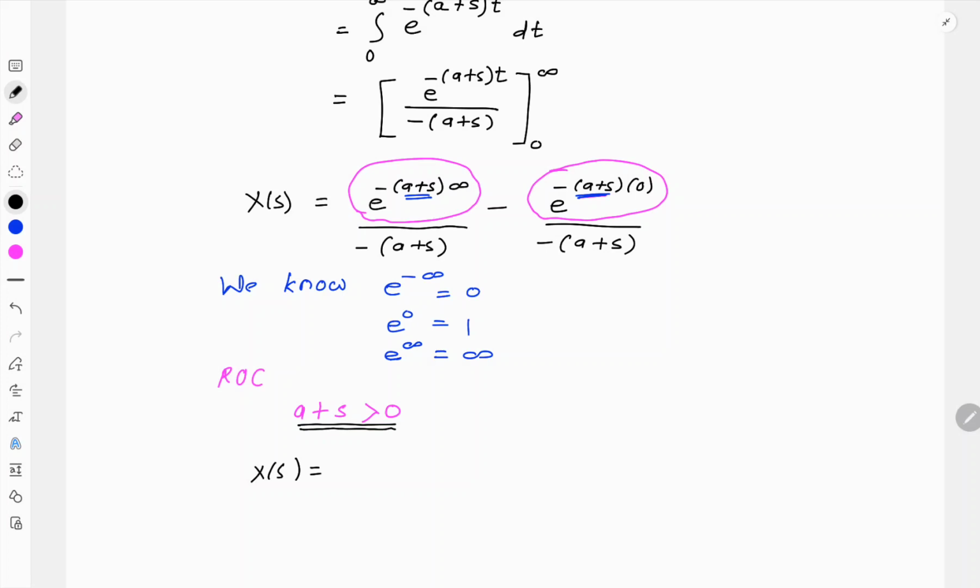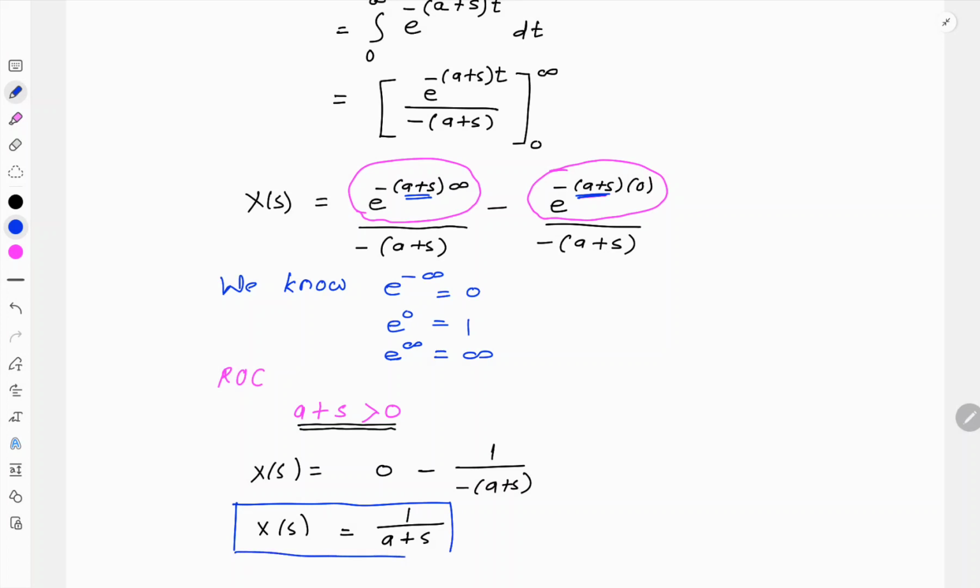So first term is 0 minus second term, which is e raised to minus 0. e raised to 0 is 1. So 1 upon minus of a plus s. So our x of s is equal to, minus minus becomes plus, 1 upon a plus s, which is the required answer for the given example.